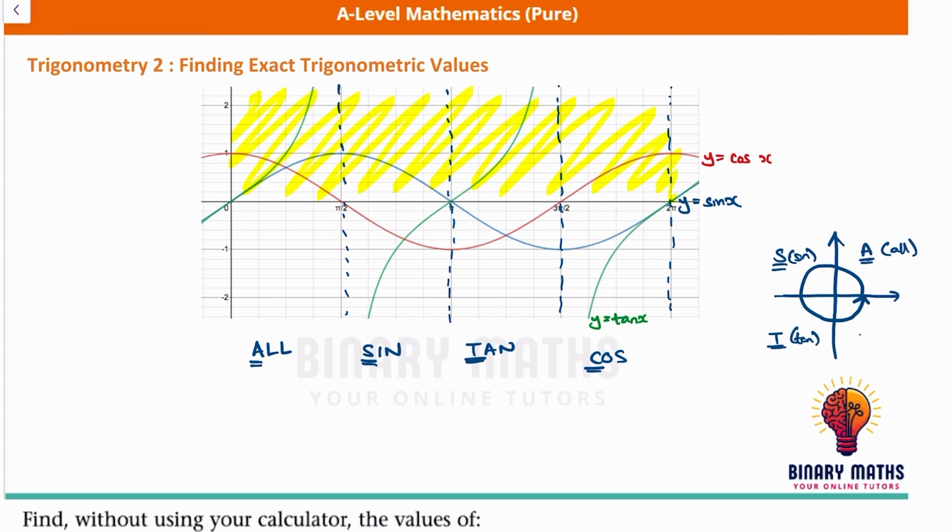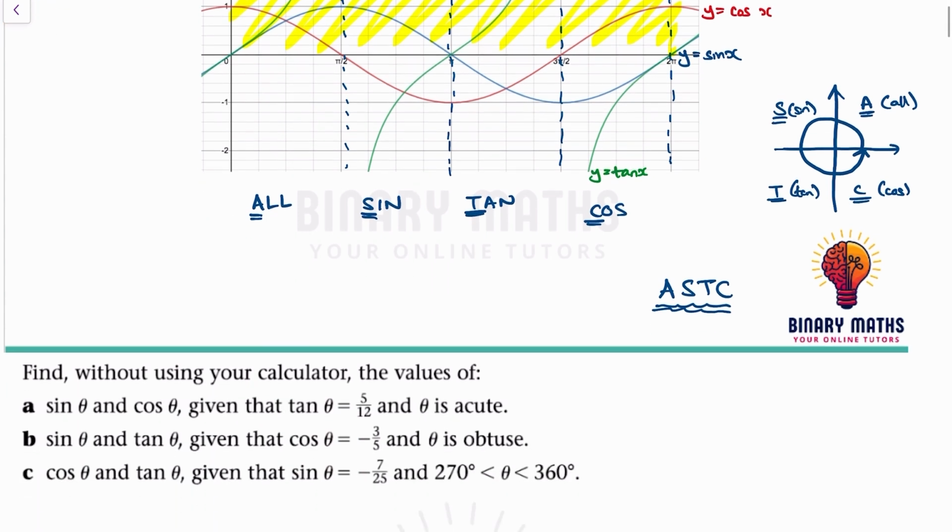And the fourth quadrant is cos. So what you have to remember is the acronym ASTC, starting from 0. Find a way of remembering that.